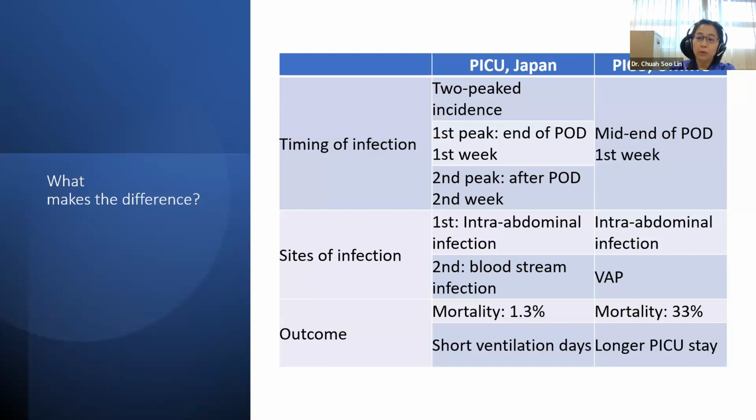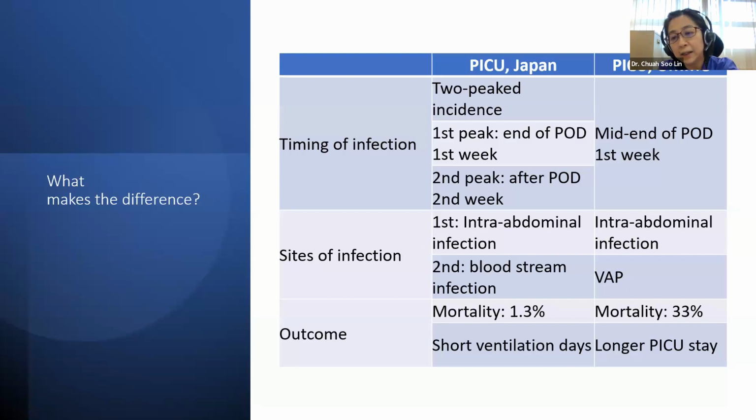We have more ventilator-associated pneumonia compared to Japan. They have very few of those pneumonia and VAP. About the incidence of intra-abdominal infections, Japan quoted about 40%.